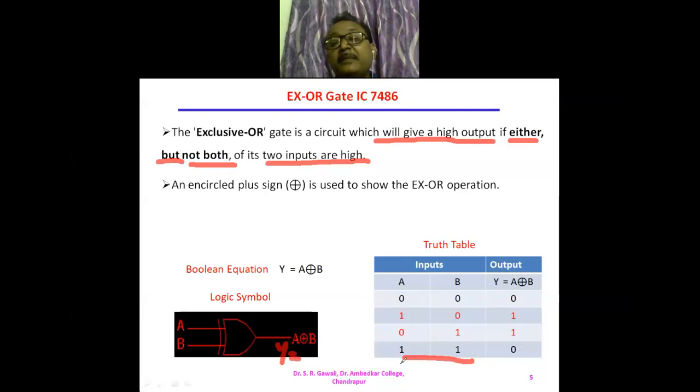When inputs are similar, 1 1, then the output is 0. In this fashion you can define the exclusive OR gate. The exclusive OR gate is a circuit which gives a high output when inputs are different. Okay. So that is about the exclusive OR gate, and the IC of this exclusive OR gate is the 7486.